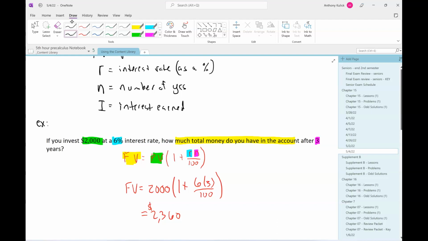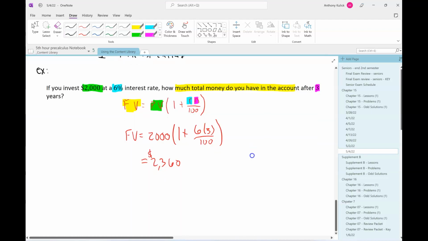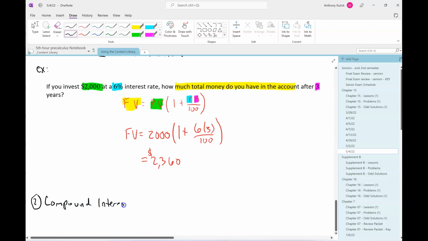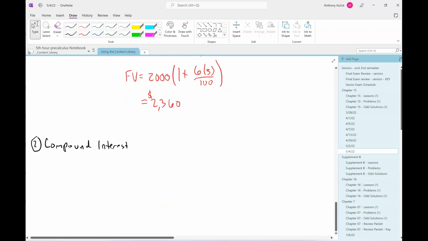So you're never earning interest on top of the money that you earned on interest. So really, in reality, if you're being charged interest, the way this is happening is by compound interest. That's the second type. And this is a situation where you're earning interest on top of your interest.